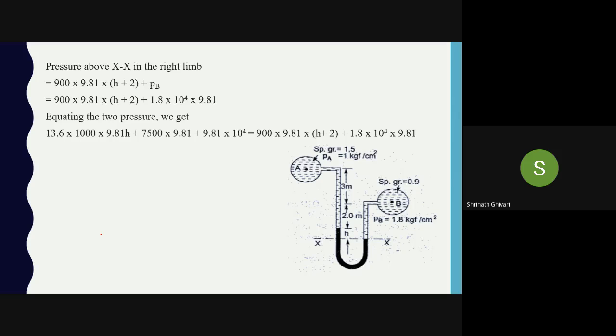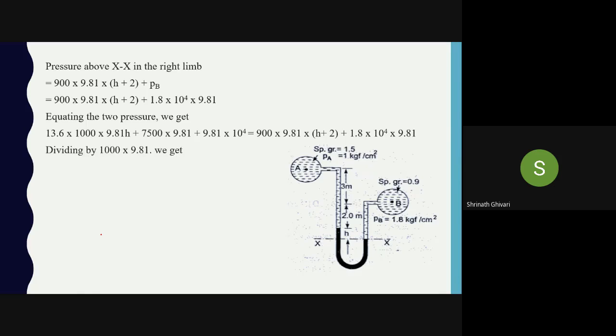Which term is most common in all the equations? 9.81 and 1000.